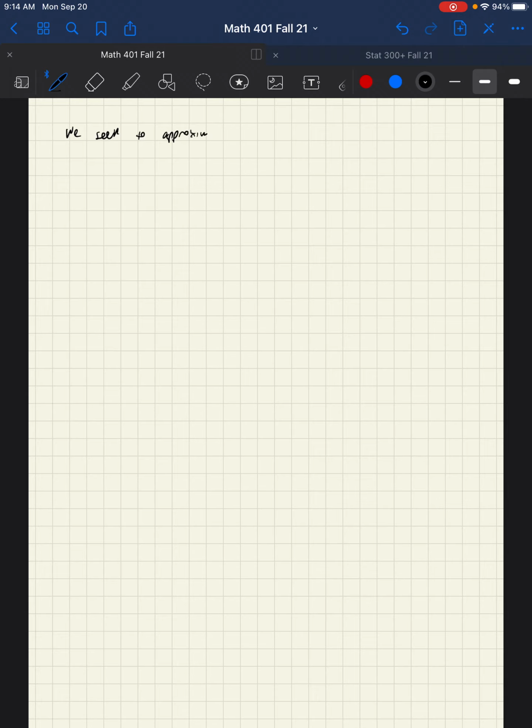So our task then, we seek to approximate T using Simpson's rule. Okay, specifically, we're going to take n equals 10.